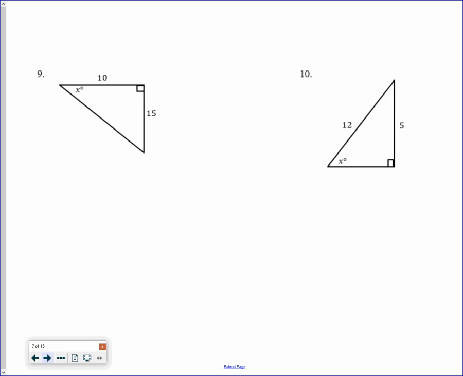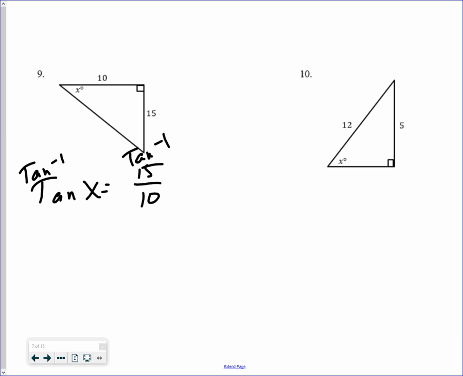Now I'm going to try to find the angle measure. It's using the same ratios that I did before. This time tangent of x is equal to opposite over adjacent. Inverse tan to find the angle measure. So again, using a calculator, inverse tangent of 15 divided by 10.